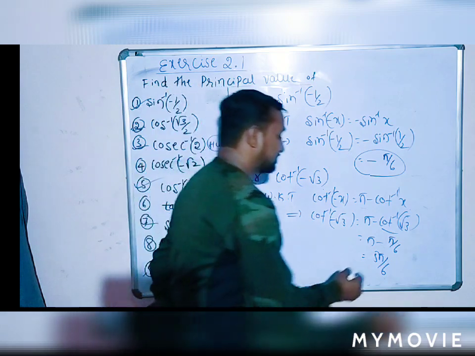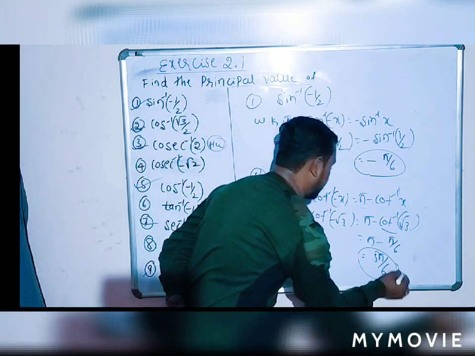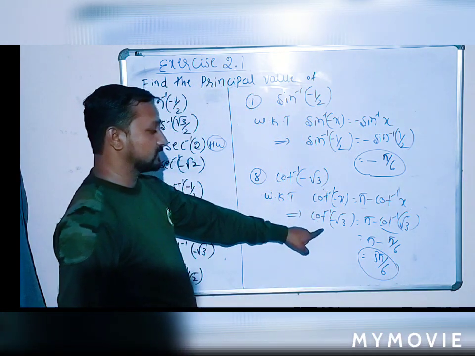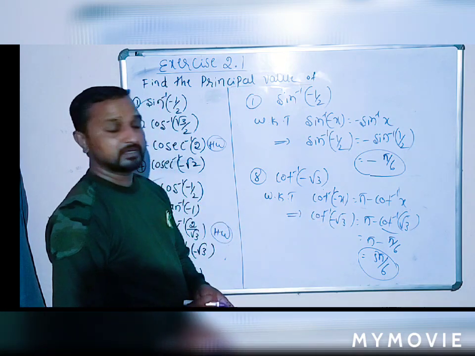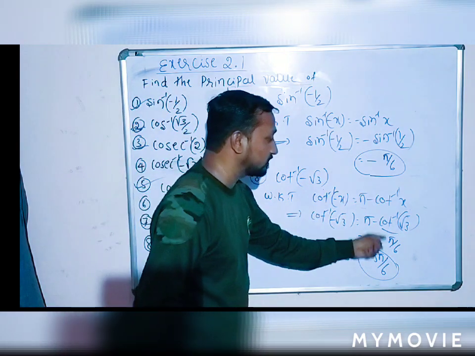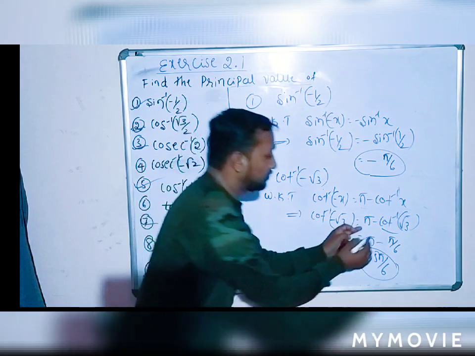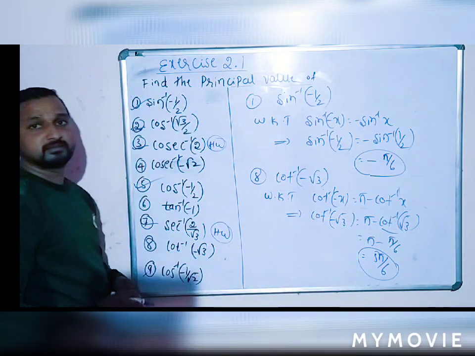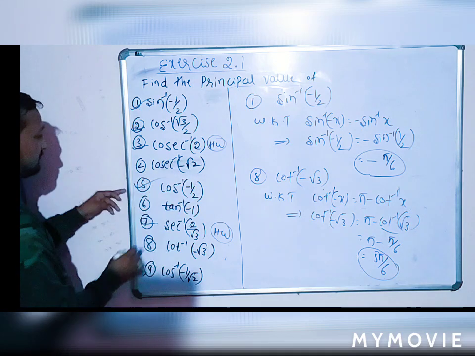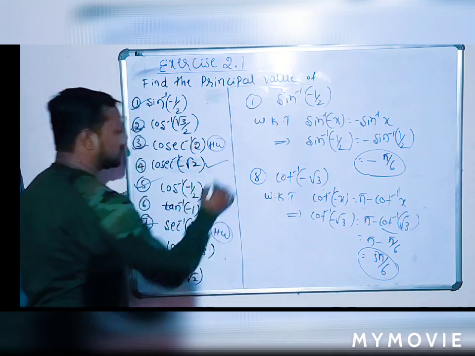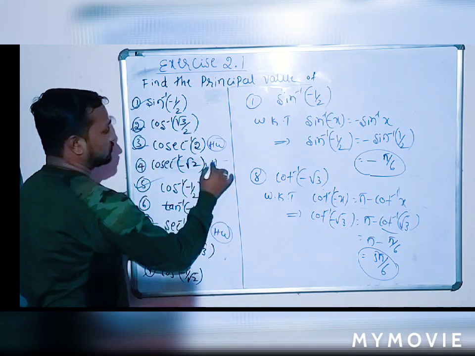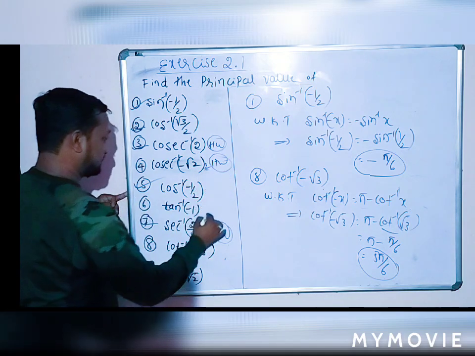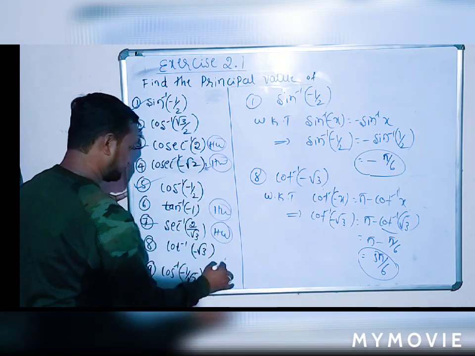Is that clear, students? That is the principal value of cot inverse of root 3. In which angle the value of cot will be root 3? So same like that, that is also your homework. Do that work.